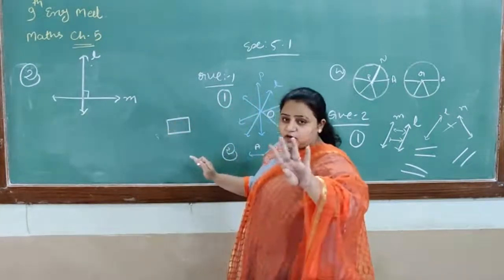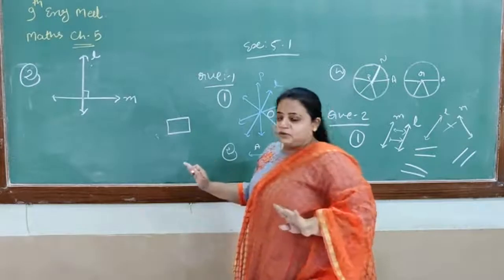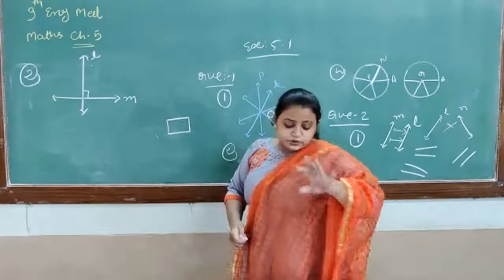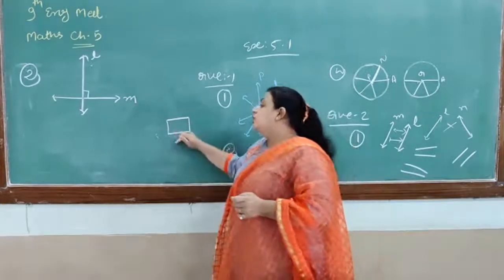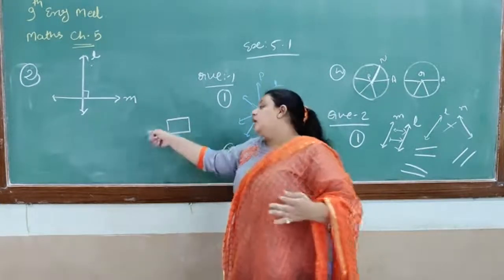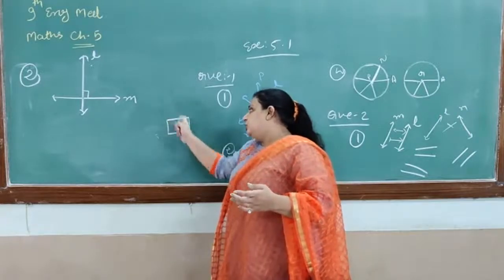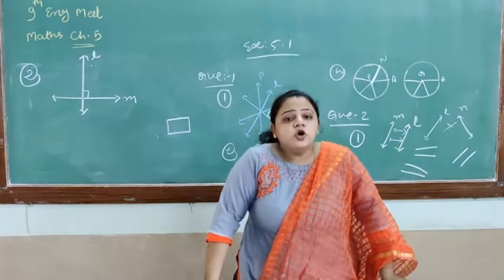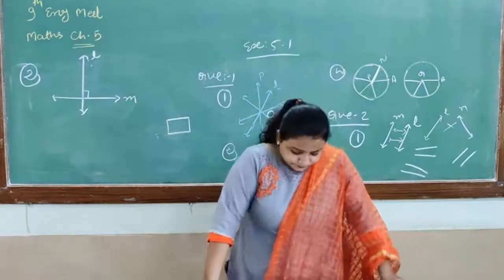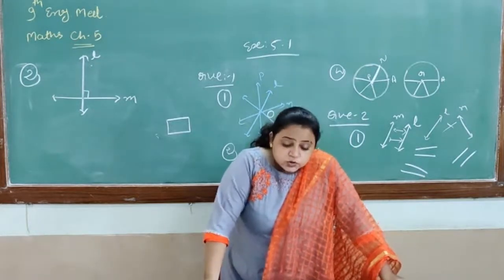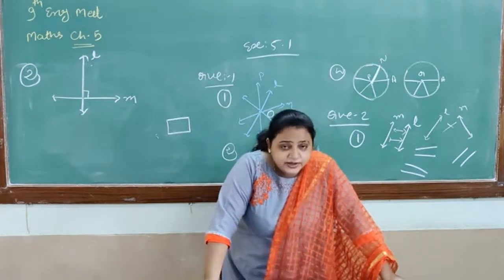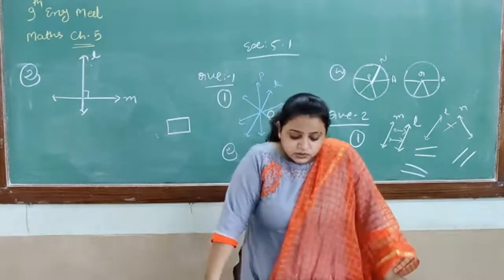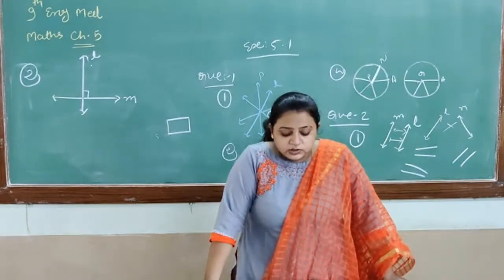How many line segments? 4: 1, 2, 3 and 4. The union of 4 line segments where the measurement of each line is the same is known as a square. Right? So this way you have to give an example, and according to the example you have to write a statement.